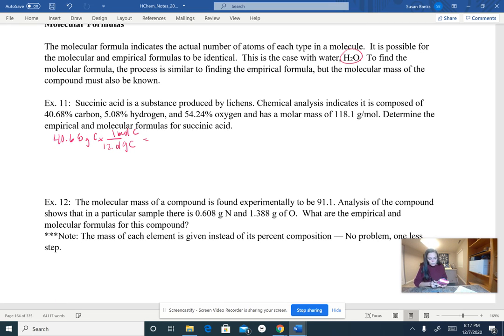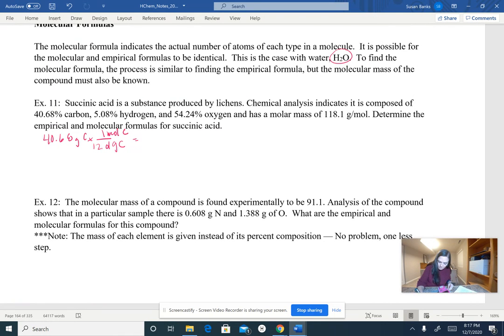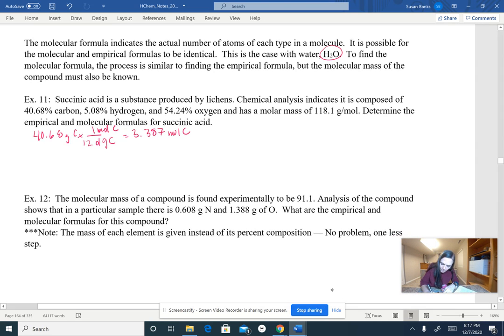So I'm going to take 40.68 and divide it by 12.01. So we are going to have 3.387 moles of carbon.